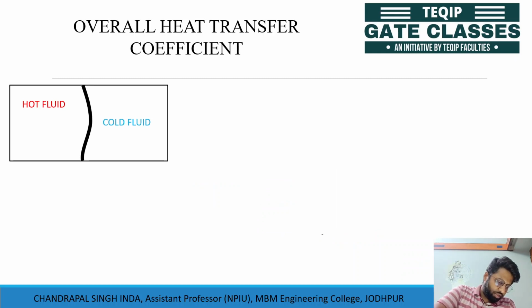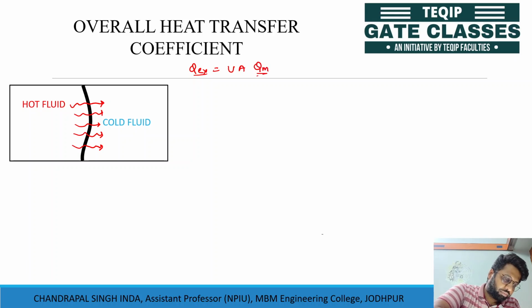To find the overall heat transfer coefficient, we have to find the heat transfer between the hot and the cold fluid. Directly we have written that Q of the heat exchanger will be equal to U A theta mean, so we have to find the value of the overall heat transfer coefficient.